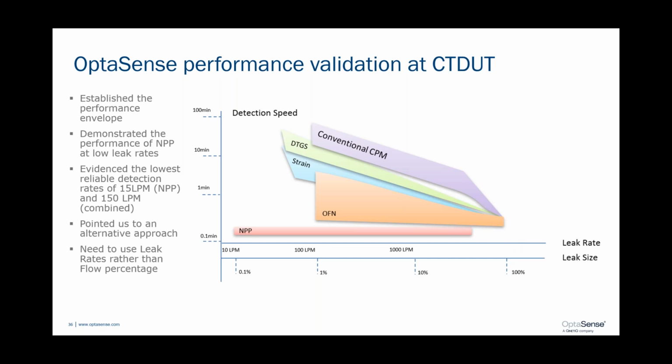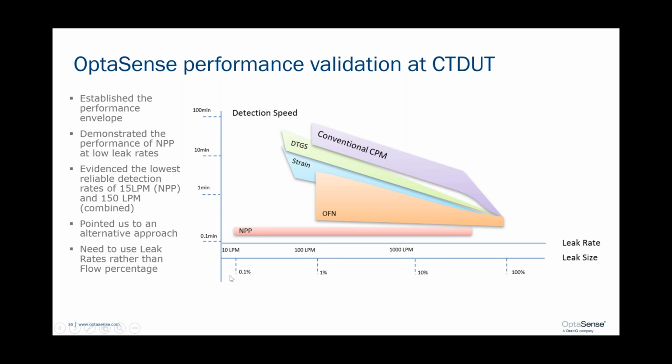How can we compare that to a conventional computational system? I've tried to represent that here. It's quite difficult because systems will operate in different ways in different regimes. So, as I mentioned earlier, we focus on liters per minute, the leak rate itself.